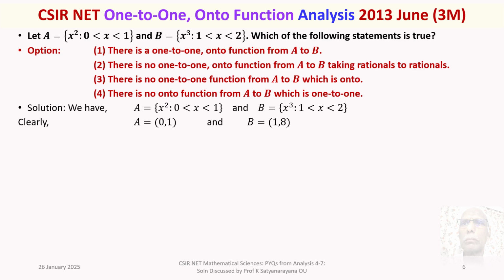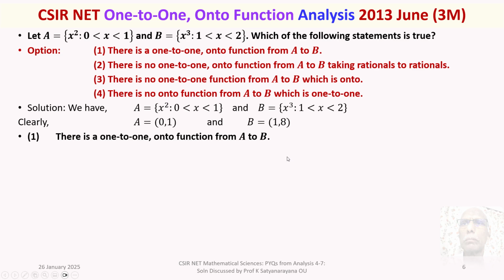Now, we remember what we have studied in our MSc first year class. Now we come to option 1: there is a one-to-one onto function from A to B. We remember that any two open intervals are equivalent.